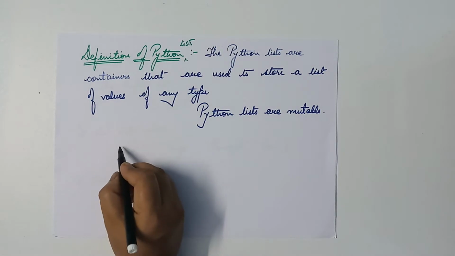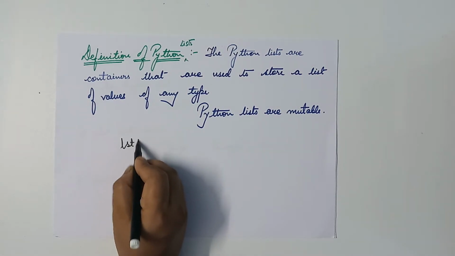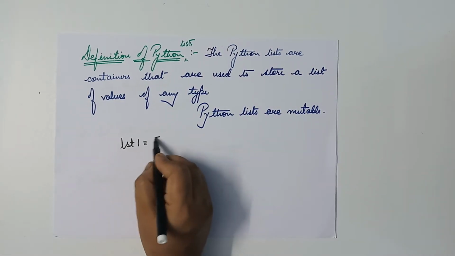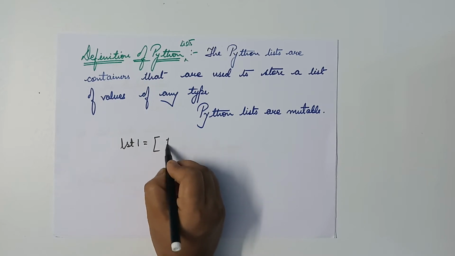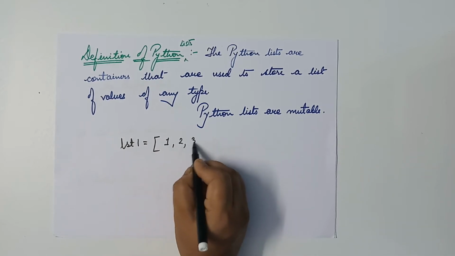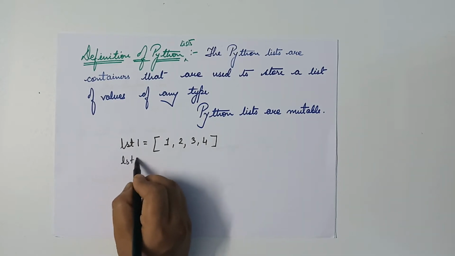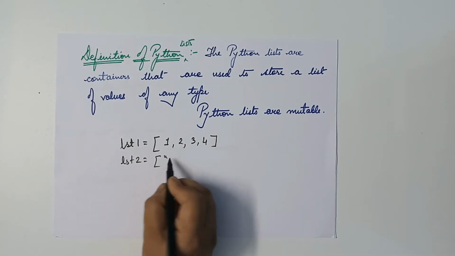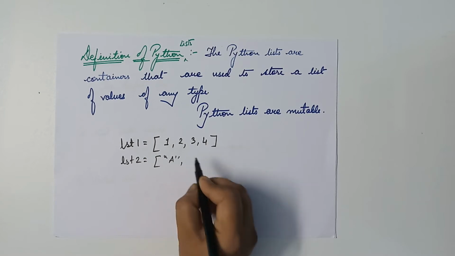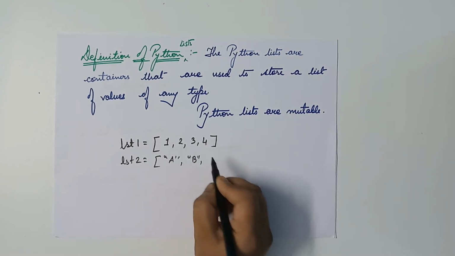Let's say I have declared a list variable, and within the square brackets I am storing some numerical values. I can declare one more list where I am storing string values.